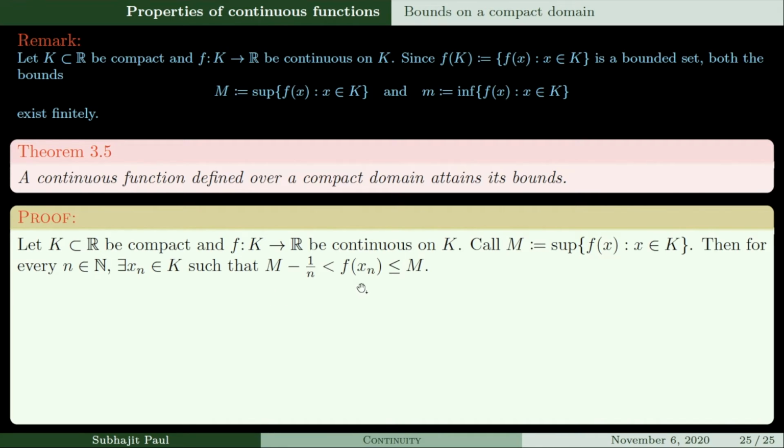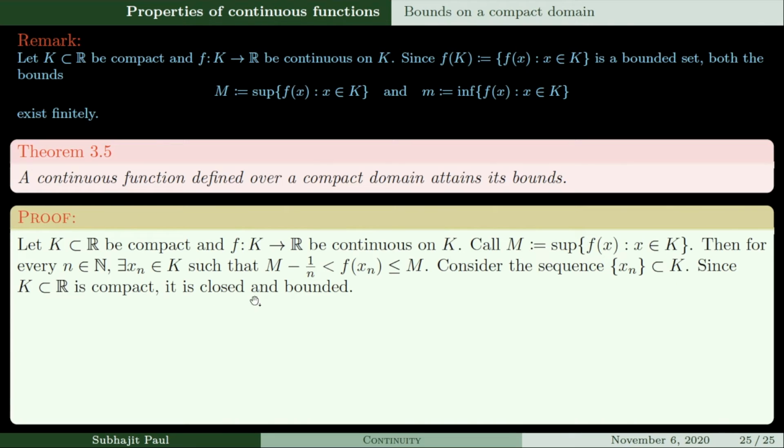So it will be exceeded by some point from the set. The points of the set are the f images of the points x, and therefore it will be exceeded by the f image of a certain point. So M minus 1 over n will be smaller than f of xn for some point xn coming from the compact set K.